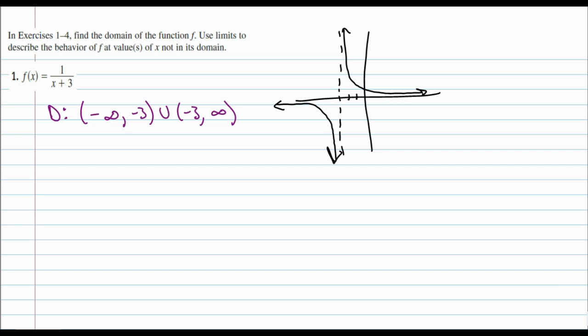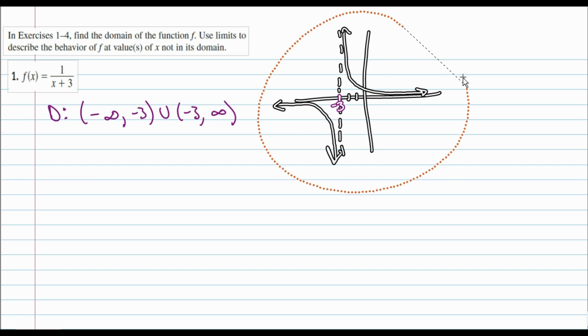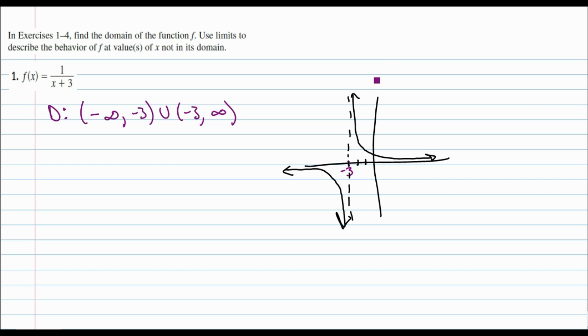So now I can use limits to describe the behavior of f at these values, not in the domain. So at specifically negative 3. So this end behavior up top is the limit of f of x as x approaches, so x is approaching on the x-axis here, negative 3 from the right.